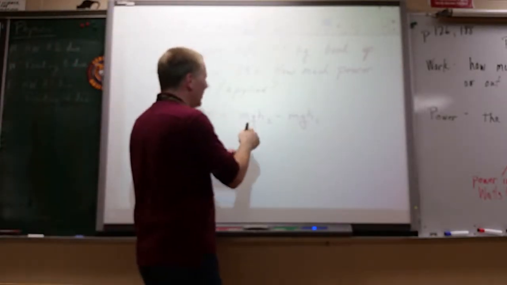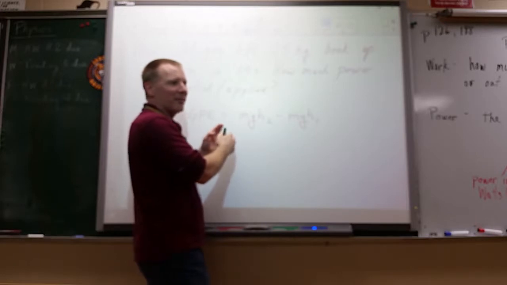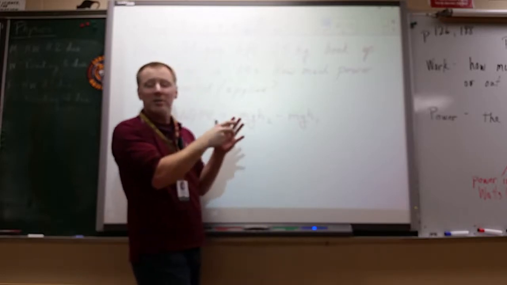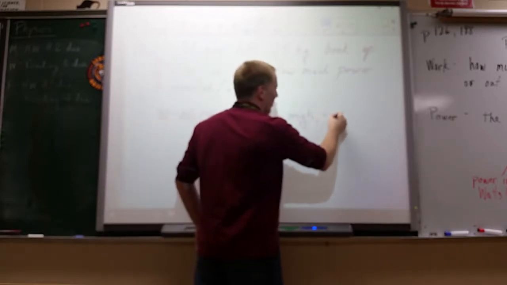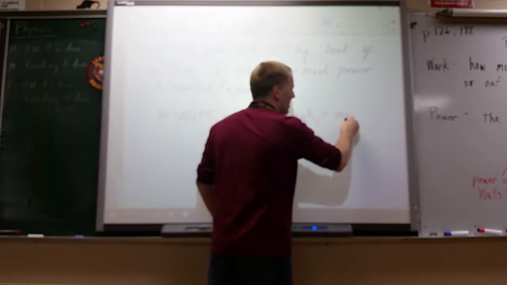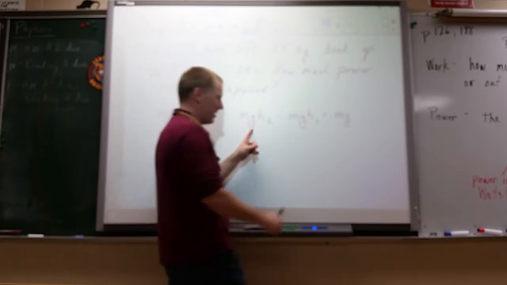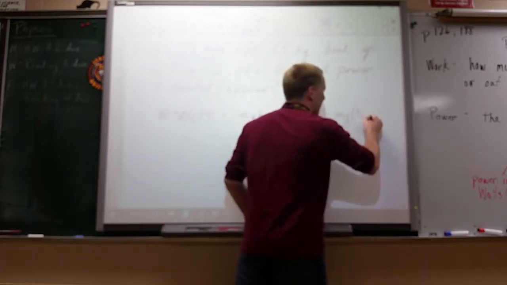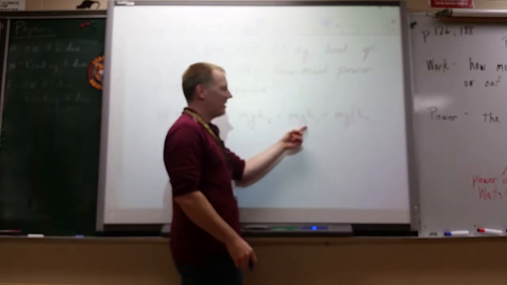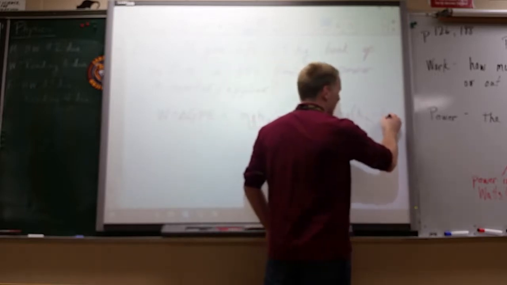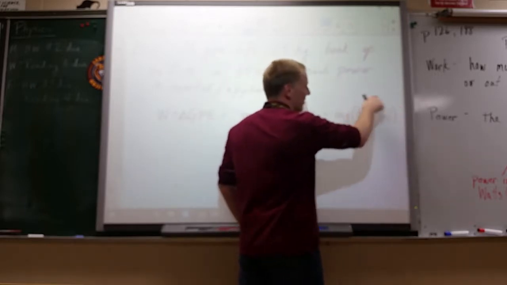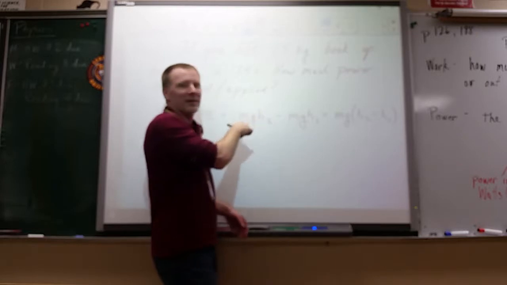Right. If we were to remove the mg of both of these, we can't change the values, but we can remove both mg. If we take mg away from this, what do we have left? H2. If we take mg away, we have, all right, minus H1. But then if we distributed this, multiplied it back, we'd get right back to this.